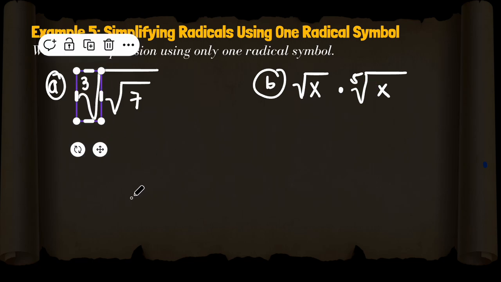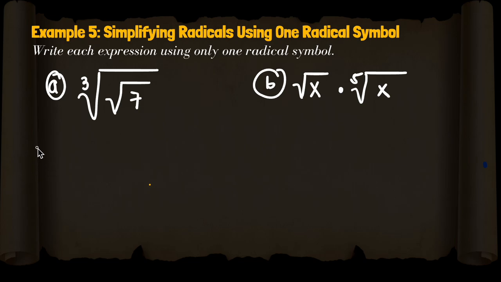So, paano natin i-handle tong problem na to? In this case, unahin natin yung pinaka-loob. Simplify ko lang tong square root of 7. Pwede siyang isulat as 7 raised to 1 over 2.